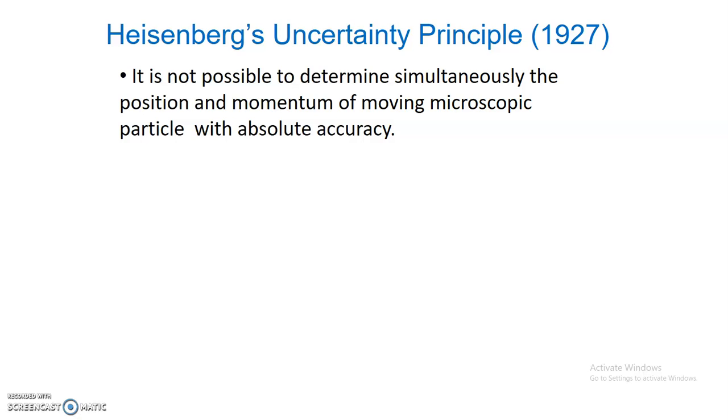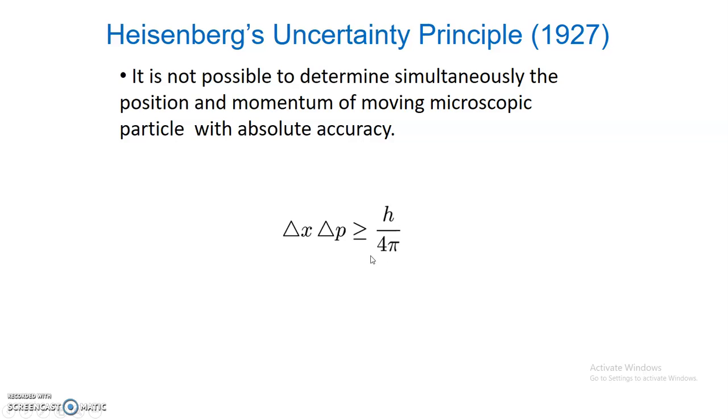Mathematically, the uncertainty principle may be stated as the product of uncertainty in position and uncertainty in momentum is always equal to or greater than some constant, and that constant is h upon 4 pi.